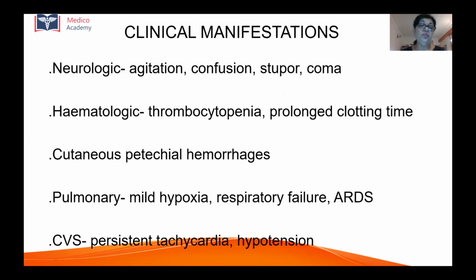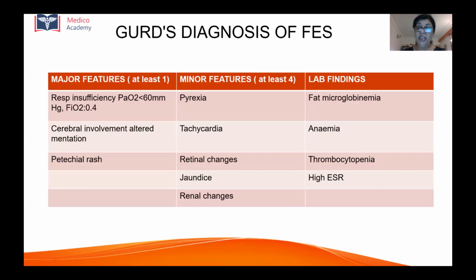The clinical manifestations of fat embolism syndrome may be agitation, confusion, stupor, and coma, thrombocytopenia or a prolonged clotting time, cutaneous petechial hemorrhages, mild hypoxia, respiratory failure, ARDS, and persistent tachycardia and hypotension. The clinical signs have been classified by Gurd as major or minor, with the diagnosis requiring at least one major and four minor criteria, as well as exclusion of other post-traumatic causes of hypoxemia.